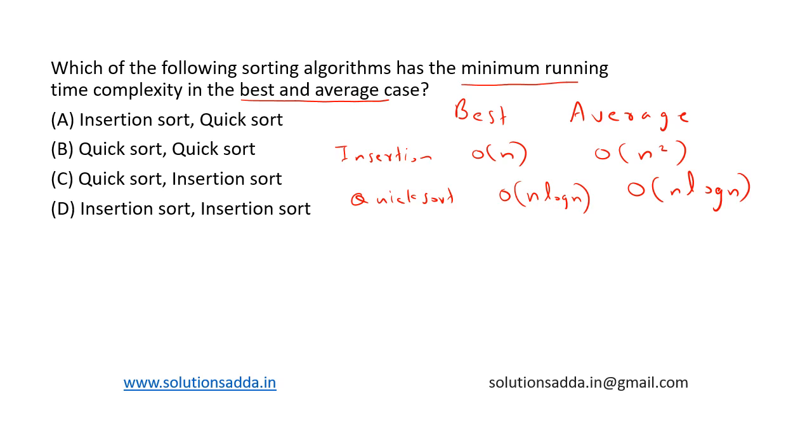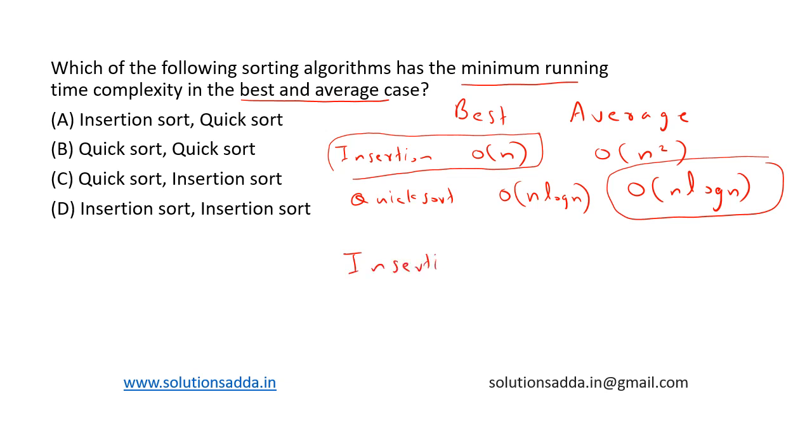In the best case, the minimum running time is for insertion sort, and in the average case, it is for quicksort. So the answer is insertion sort and quicksort. Based on the options, option A is the right choice.